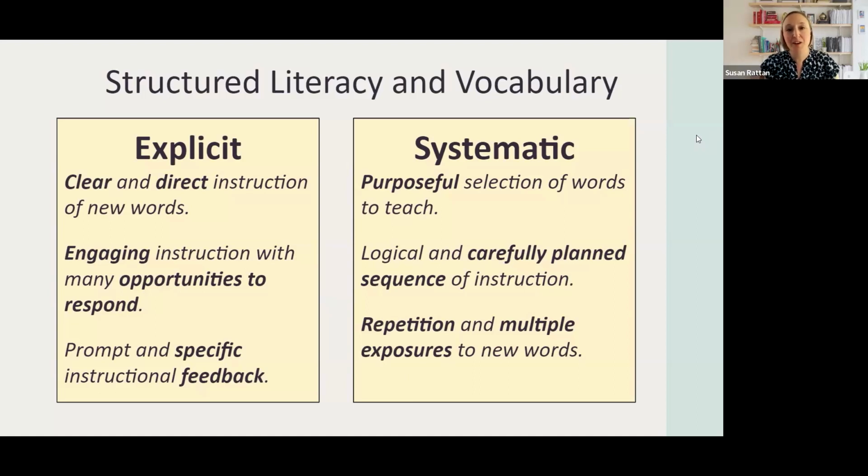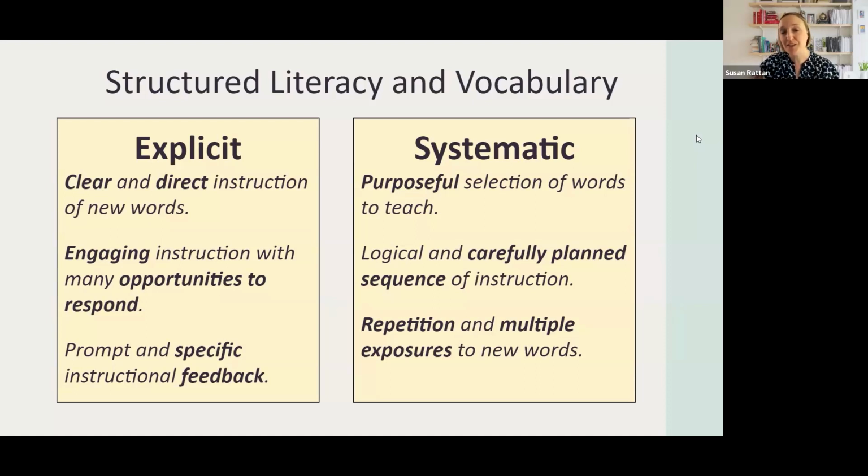And on the other side, we want our instruction to be systematic. So instead of only relying on teaching words that pop up in our daily lives, we want to purposefully choose words to teach and think about how to systematically plan that instruction in terms of sequencing things from easier types of activities to more challenging activities, and then providing scaffolding along the way to make sure our students can engage with that instruction.